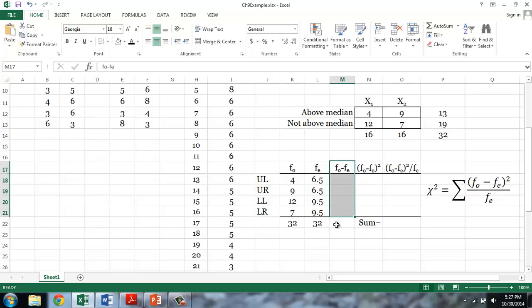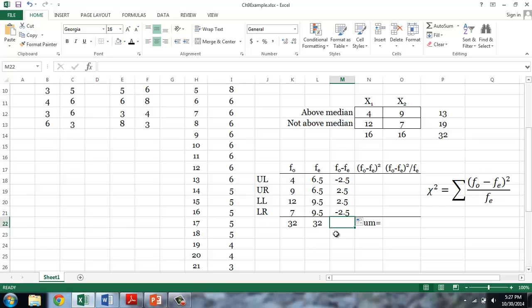So I've created a column for that, and each cell in that column is equal to the observed frequency minus the expected frequency. I can then copy that into the remaining cells.